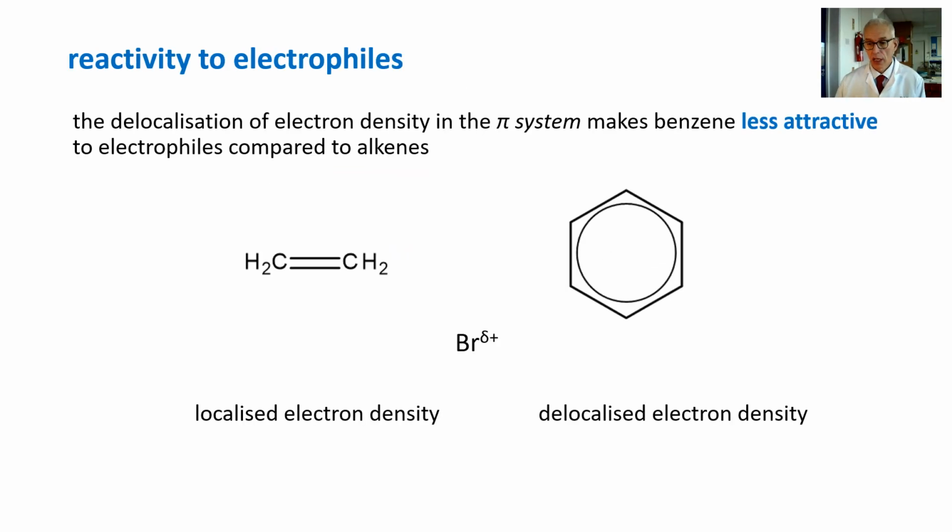The delocalized electron model for benzene also explains its relative resistance to reaction with electrophiles compared to alkenes. So if we look here, we'll see, as I've written it out, benzene is less attractive to electrophiles compared to alkenes.